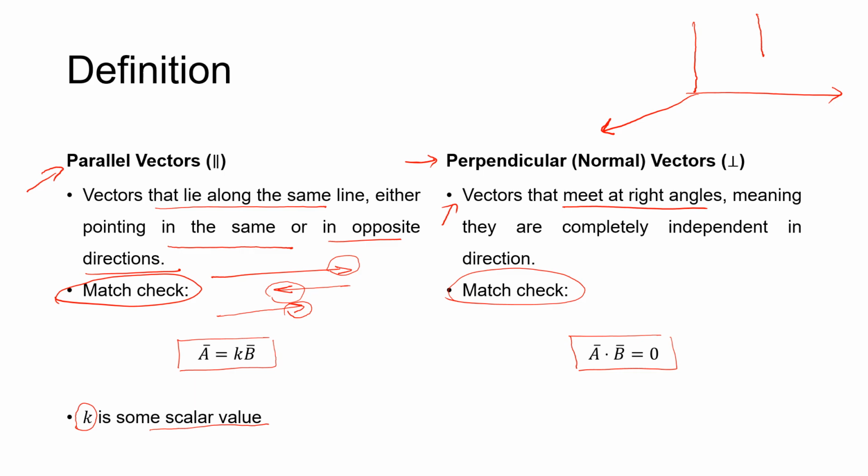For example, this one is in this direction and this one is in this direction. They are still perpendicular to each other, since this vector is normal to a plane containing this vector. Say this is a and this is b.